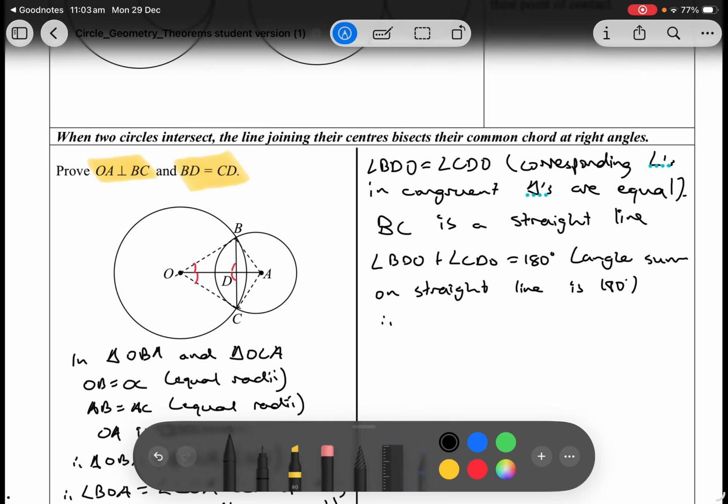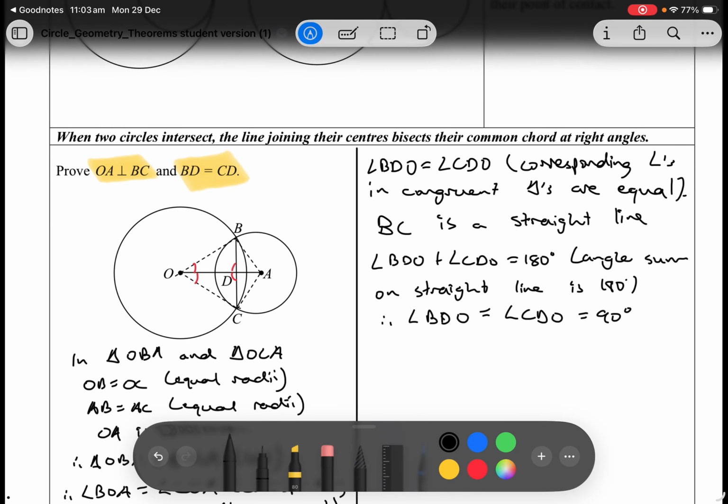Therefore, BDO and CDO must be the same. So BDO will equal CDO, they're exactly the same, and they are both 90 degrees. That's the only number that adds to itself to give 180. Now, because both of those angles are 90 degrees, we can say that OA is perpendicular to BC.